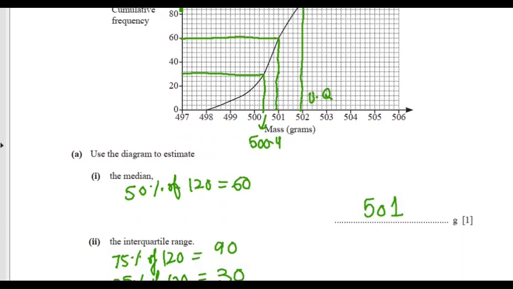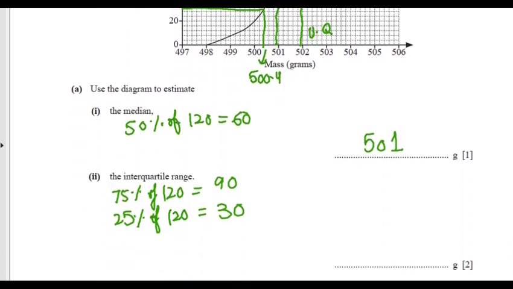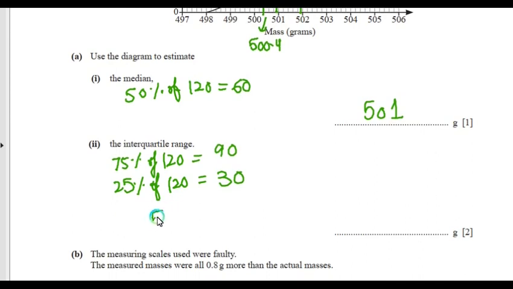So it will be 502 minus 500.4. So we get 1.6. So this is the interquartile range, Q3 minus Q1.